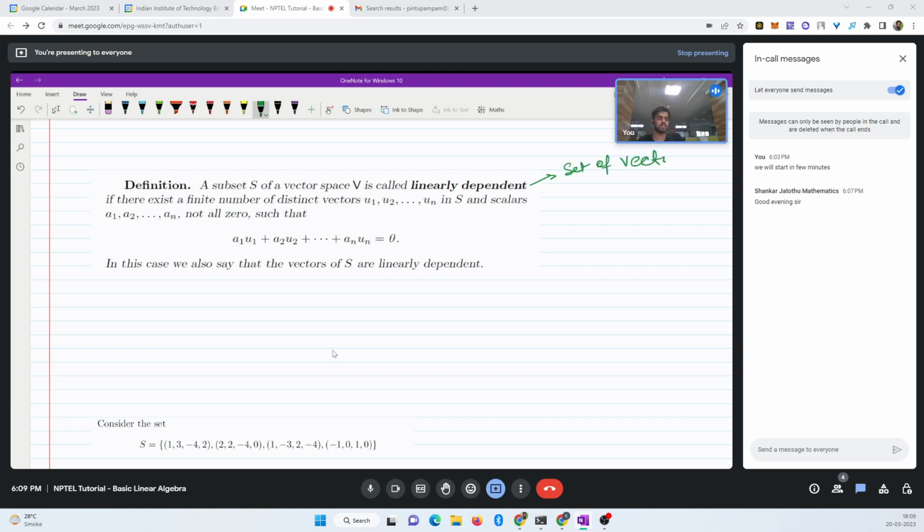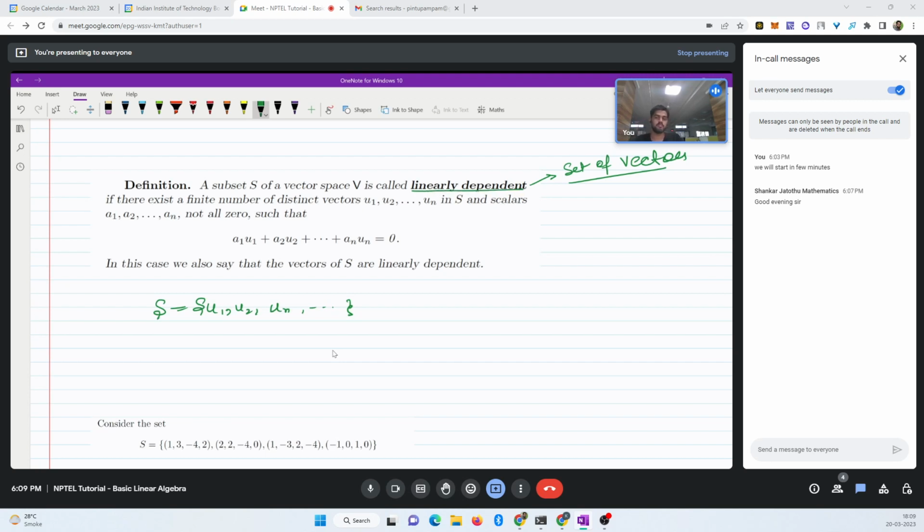Let's say you have vectors u1, u2, ..., un. I'm talking about linear dependence right now, not independence.